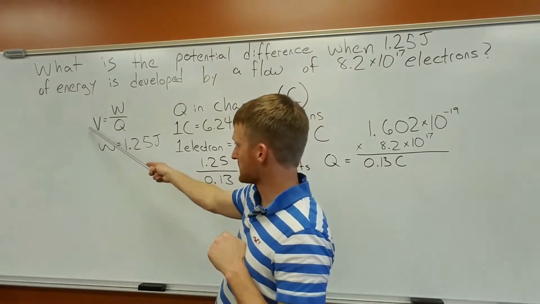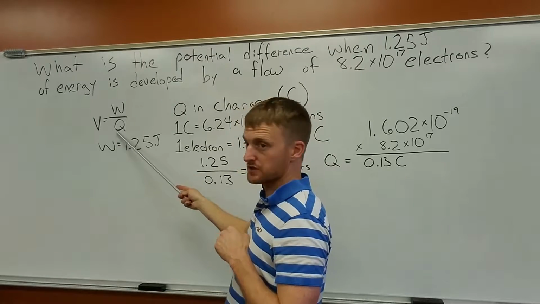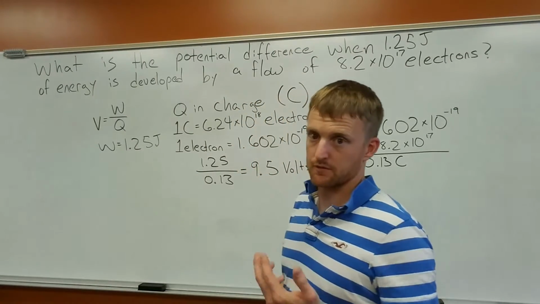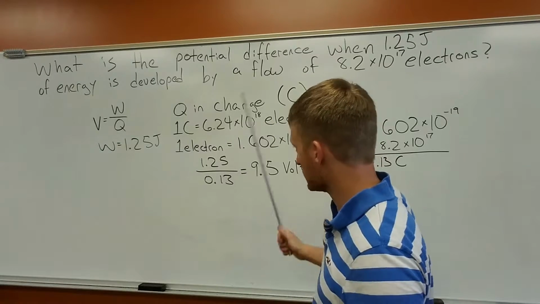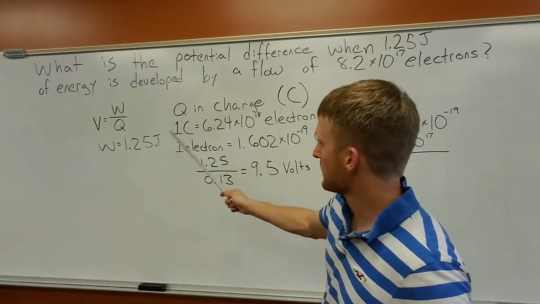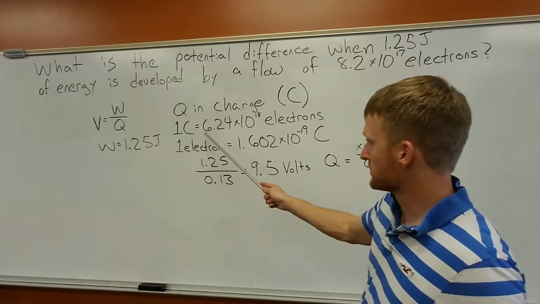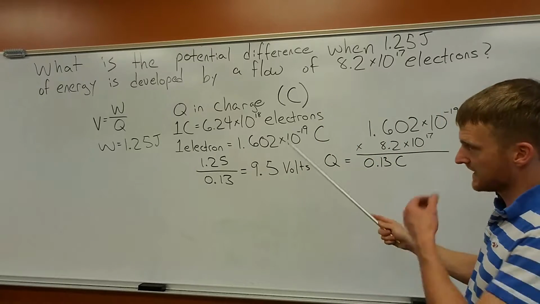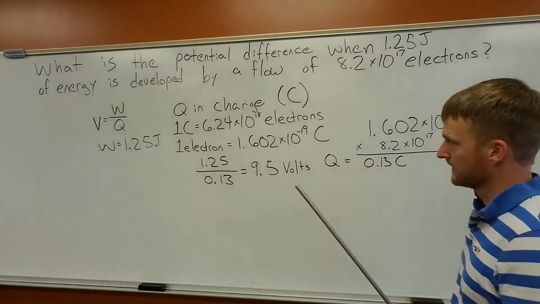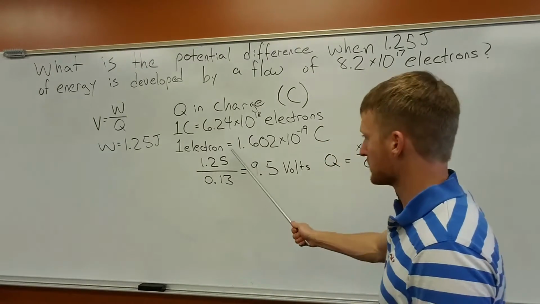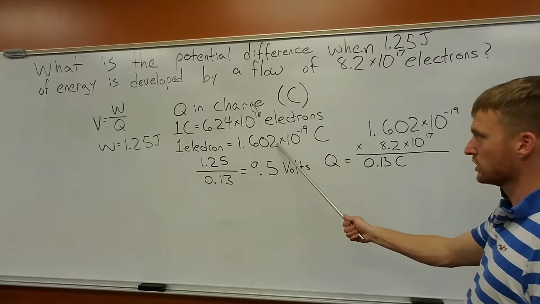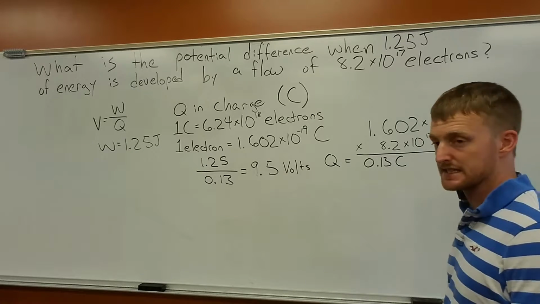Volts, potential difference, is equal to energy divided by charge. Okay? That's that formula. Q is measured in charge, coulombs. And we see from the book, 1 coulomb is equal to 6.24 times 10 to the 18 electrons. And we saw from a previous video that I solved that 1 electron is equal to 1.602 times 10 to the negative 19 coulombs.